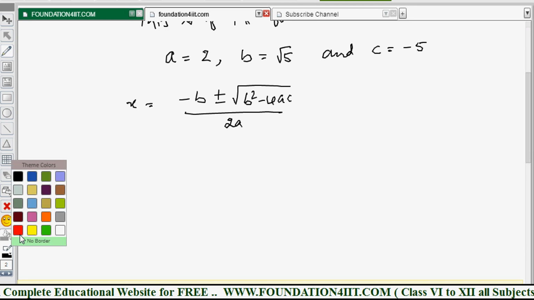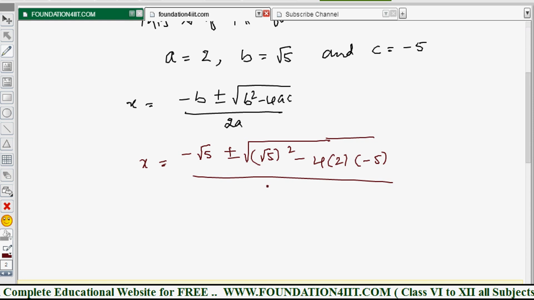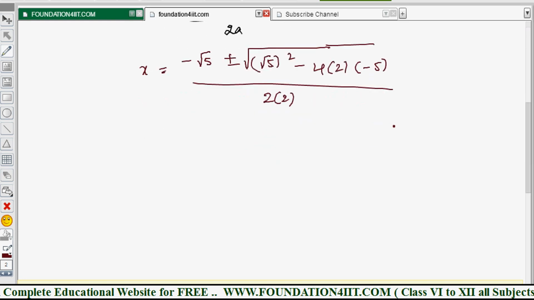Now when we apply the values, x is equal to minus b, b is root 5, plus or minus under root b square, b is root 5, for this you apply square, minus 4ac. So 4 into 2 into c, again minus 5, divided by 2a. So 2 into a value is 2. Okay, let us simplify this.